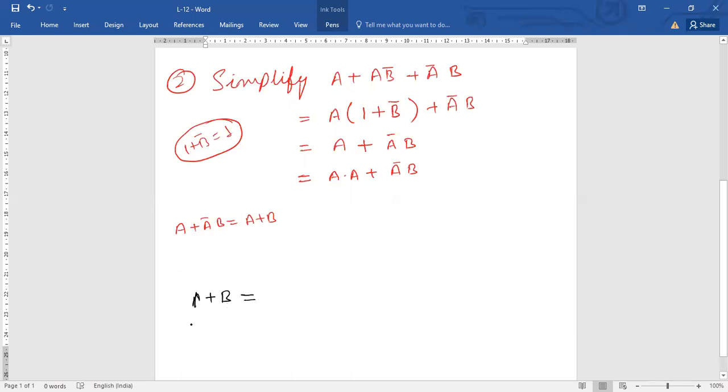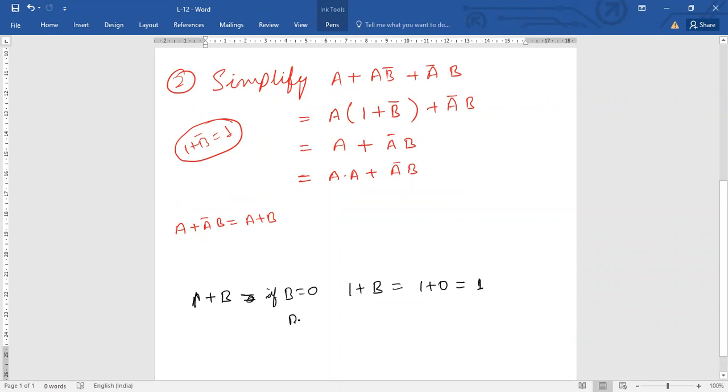If b is equal to 0, then 1 plus b is equal to 1 plus 0, which is 1 sir. Okay, now we have 1 plus b.